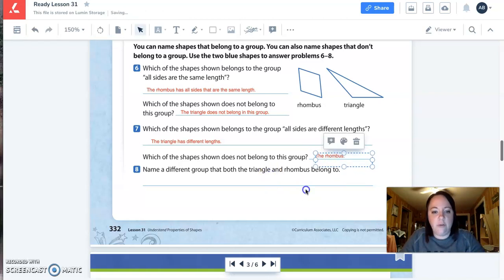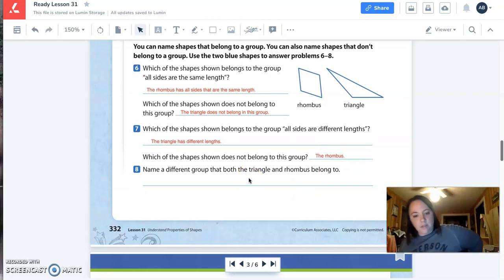Name a different group that both the triangle and the rhombus belong to. Let's think. Okay, so we had some sides are the same. We had all sides are the same. We had, what else did we have? I think two of the sides are possibly the same.